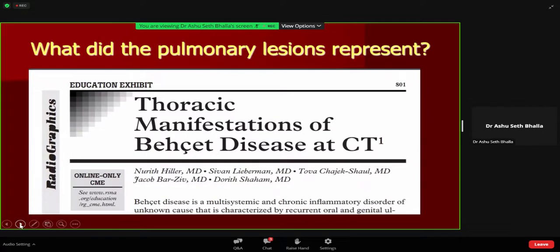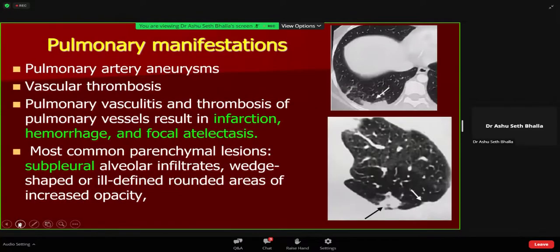But this is an interesting article on the thoracic manifestations of Behçet disease. What exactly does the atelectasis that we saw represent? What happens is that there is vasculitis and thrombosis of the peripheral vessels, which result in small infarctions. So you get these peripheral areas of infarction, which look like atelectasis or pleural thickening.